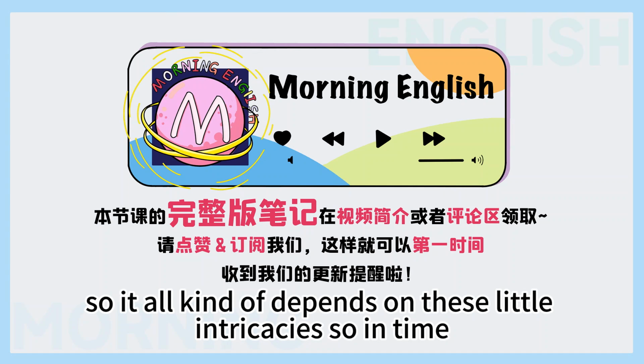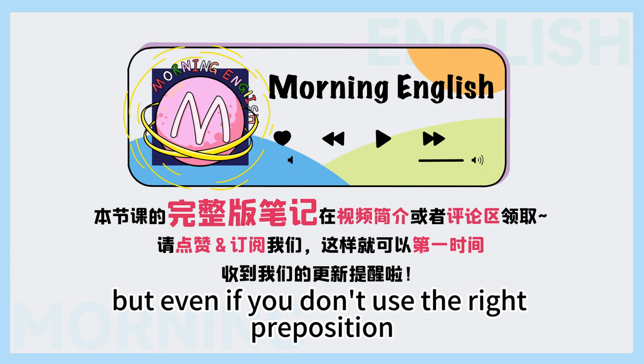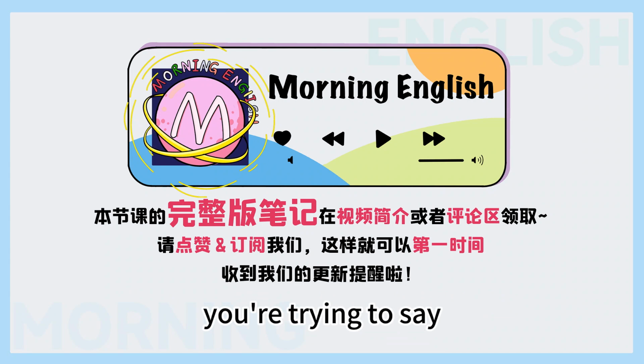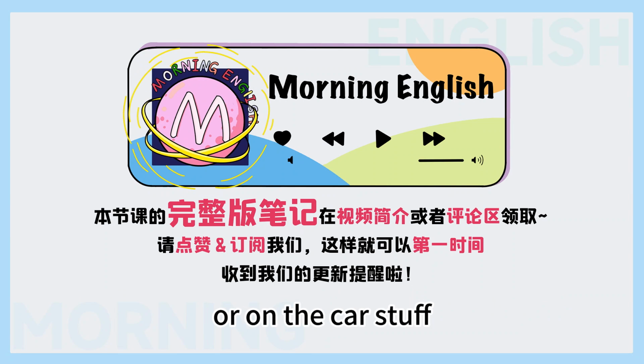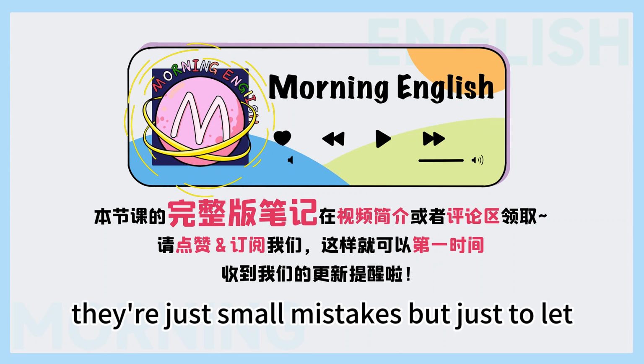Yes, perfect. So it all depends on these little intricacies. In time, you will just get a feeling for the right preposition to use. But even if you don't use the right preposition, foreigners will always be able to understand what you're trying to say. A lot of people make the mistake of in the bus or in the plane or on the car. That just sounds funny. They're just small mistakes.